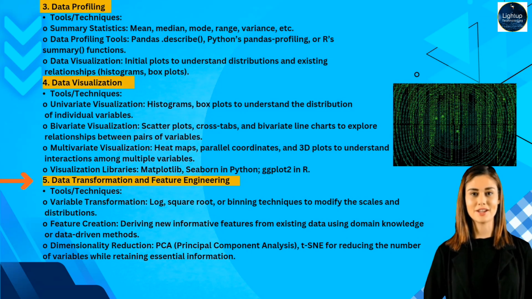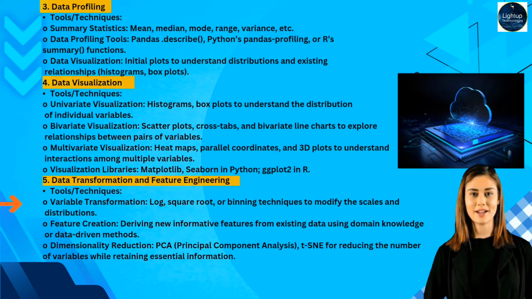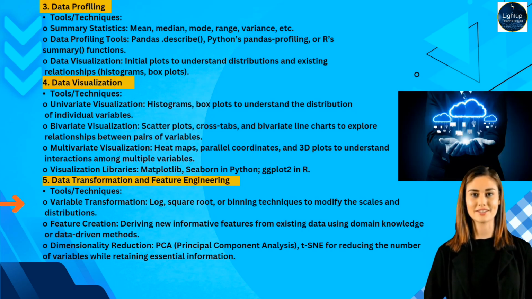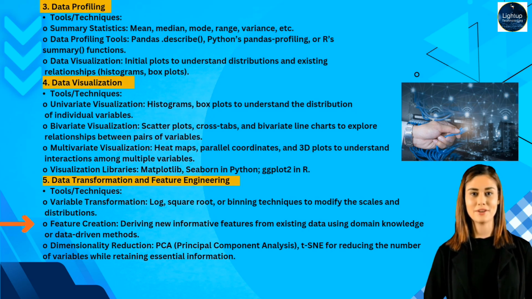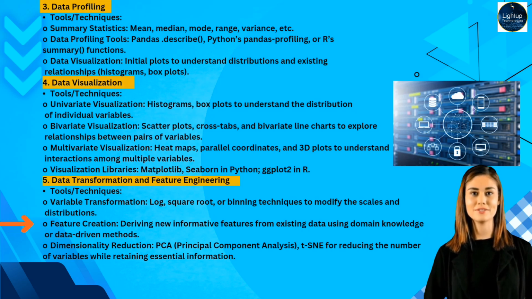5. Data transformation and feature engineering. Tools, techniques, variable transformation, log, square root, or binning techniques to modify the scales and distributions. Feature creation, deriving new informative features from existing data using domain knowledge or data-driven methods.